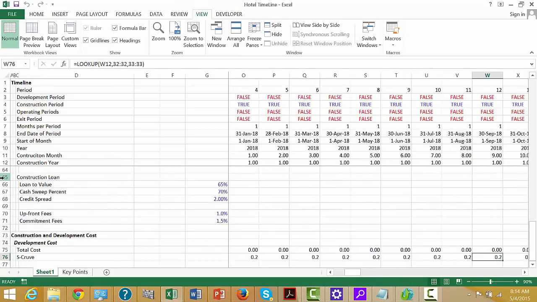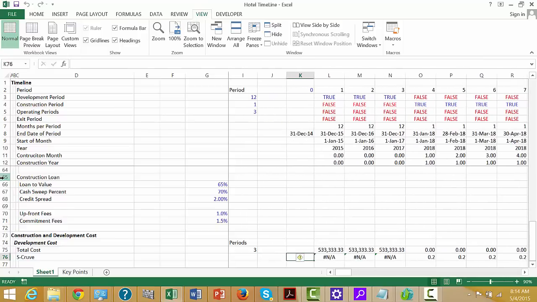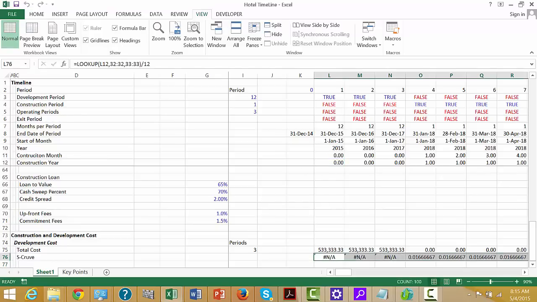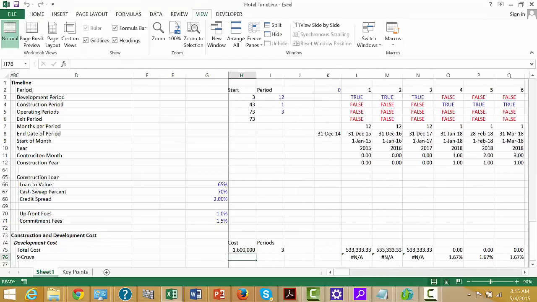It gives you an NA, and then it gives this for each one, and we can simply divide that by, I'm sorry, I'm going to divide it by 12. Not great form, but not horrible either. And that gives us our construction percent.